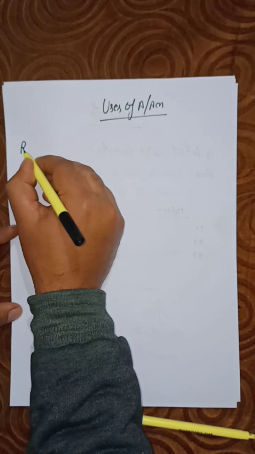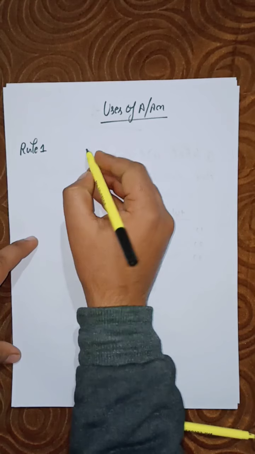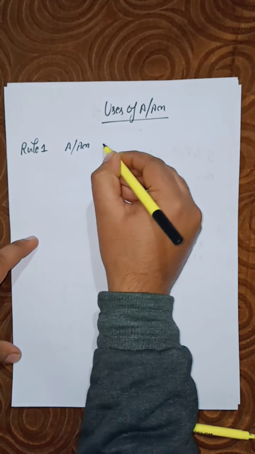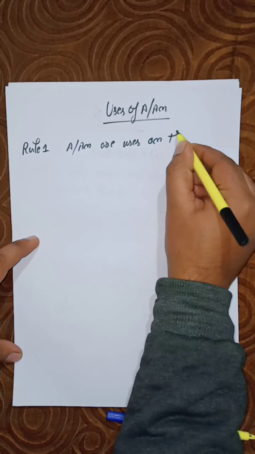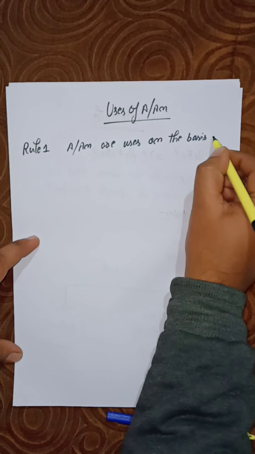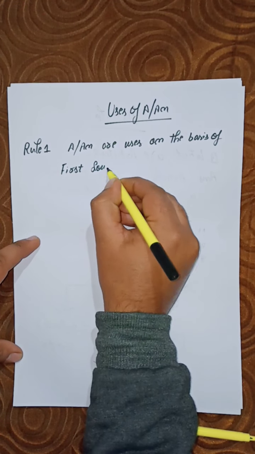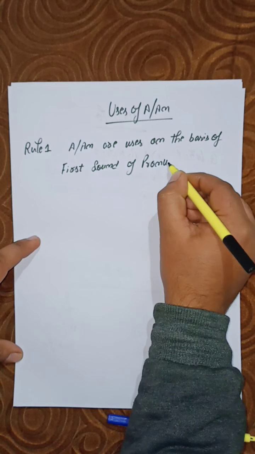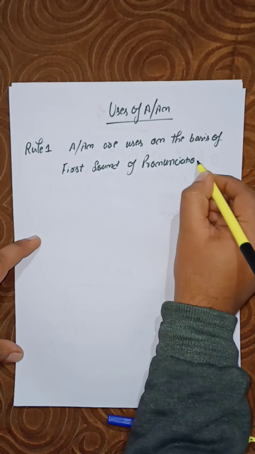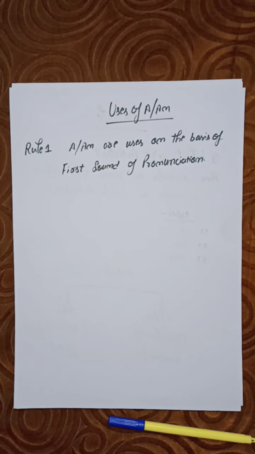Rule number one says that a and an are used on the basis of the first sound of pronunciation.